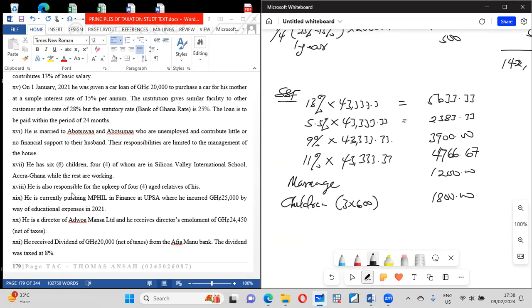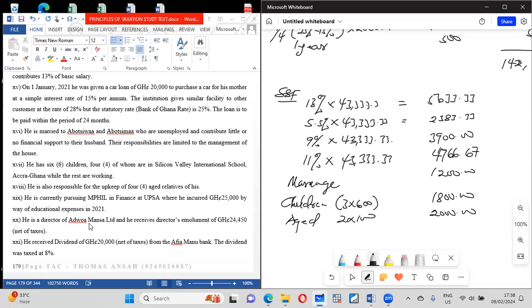So as for the MPhil, nothing. He is also responsible for the upkeep of 4 aged relatives. Okay, we give for only 2. One is 1,000. So 2,000. All right. What else? The director.